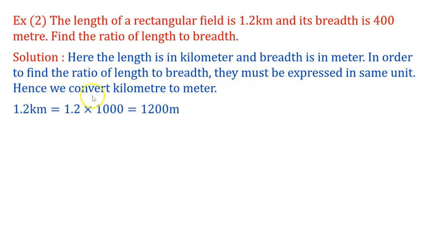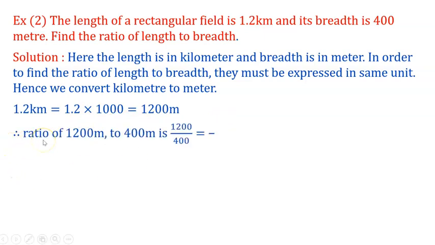Hence, we convert kilometer to meter. 1.2 kilometer is equal to 1.2 into 1000, that is 1200 meter. Next, therefore, the ratio of 1200 meter to 400 meter is 1200 upon 400, and that's equal to 3/1. That is 3:1.